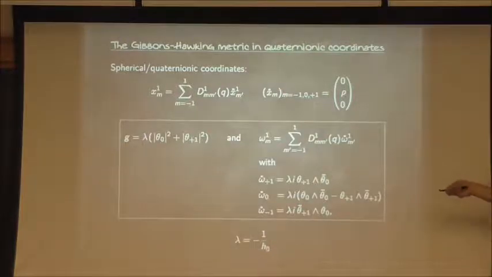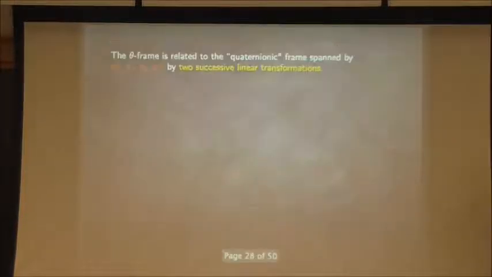And what you get is that you can cast the metric and the symplectic forms in this form, where the thetas are some 1-forms, and lambda is given by this formula. It's not too bad until you go to actually express what the thetas mean in terms of the other coordinates.